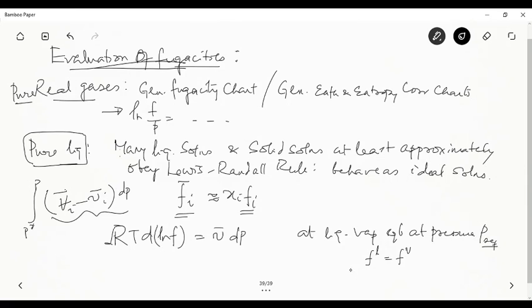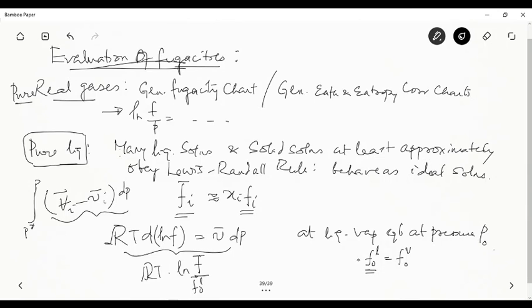So if I take that as the reference state, and I call these f_L naught and f_V naught, at P naught, the reference state, then I can integrate this expression from pressure P naught to the current pressure P. Then I'll be able to get, if I integrate this, RT into log of f by f naught L. So this is the equilibrium state in the liquid phase.